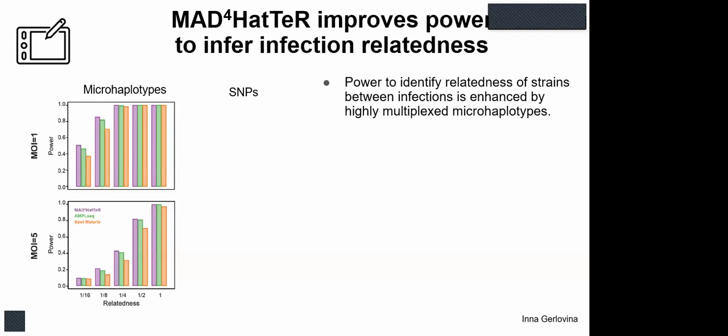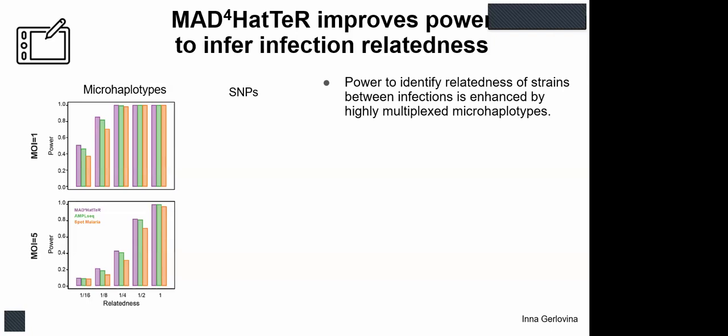And when you look at incidences of multiplicity of infection where MOI equals 1, that is a monoclonal infection, you realize that at different relatedness, Mad Hatter still had a higher edge of identifying to infer infection relatedness.